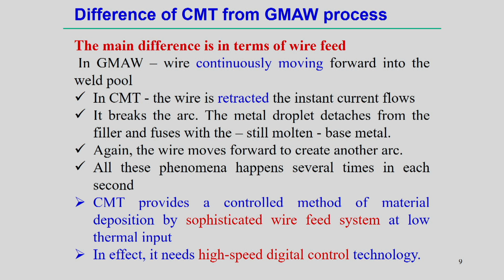So, all these favorable conditions are attractive for the development of metal printing technology, and of course, CMT needs high speed digital control technology to control its metal transfer mechanism. That is why nowadays there is a development of the metal printer using the cold metal transfer mechanism.